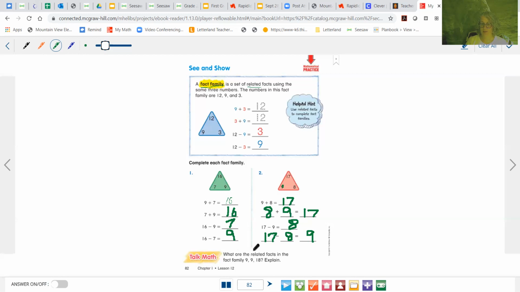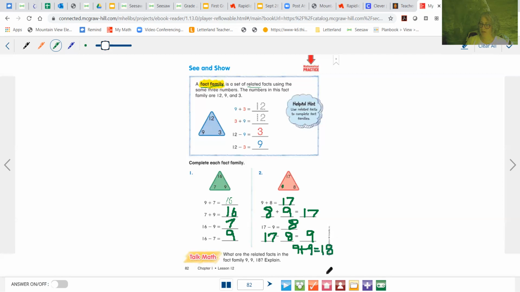So what are the related facts in the fact family 9, 9, 18? Explain. Well, let's do the addition sentences first. Which one of these is the largest number? It's 18, isn't it? So we would be adding that first 9 plus that second 9 to equal 18.